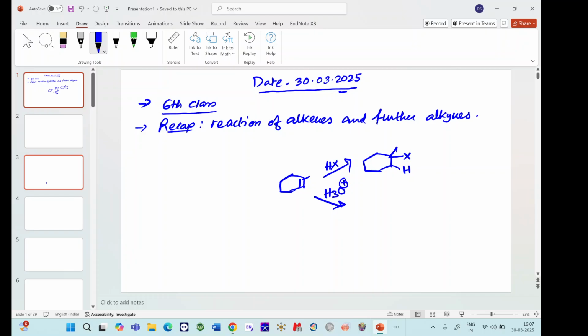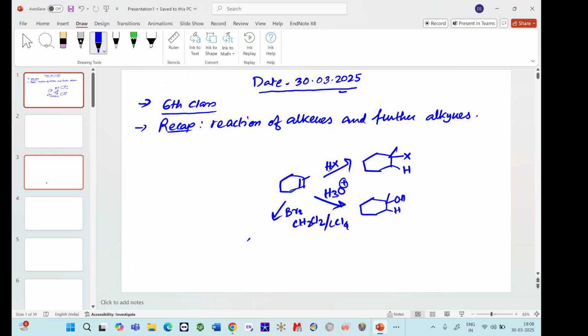You can react it with a hydrogen halide, as well as with a hydronium ion to give you a hydroxylated product. Then you can react it with any non-polar reagent, like bromine or chlorine in DCM or CCl4 kind of solvents.